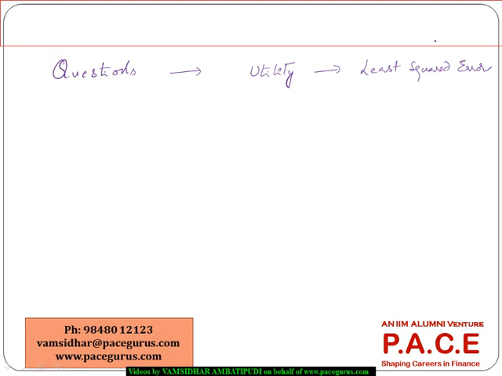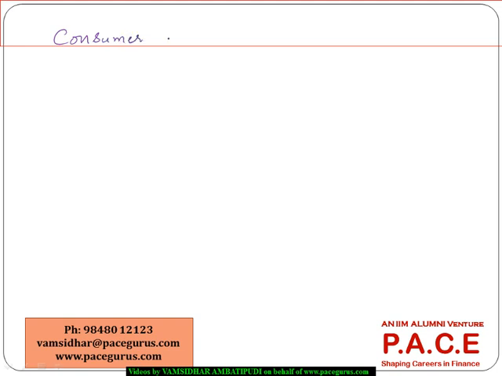Now, the next important concept within this same session is the concept of consumer choice. Till now we have been focusing more on the investors. Now I am looking at the consumer choice theory, wherein we are looking at spending with the purpose of consumption of goods, not with the purpose of investments and investment returns.